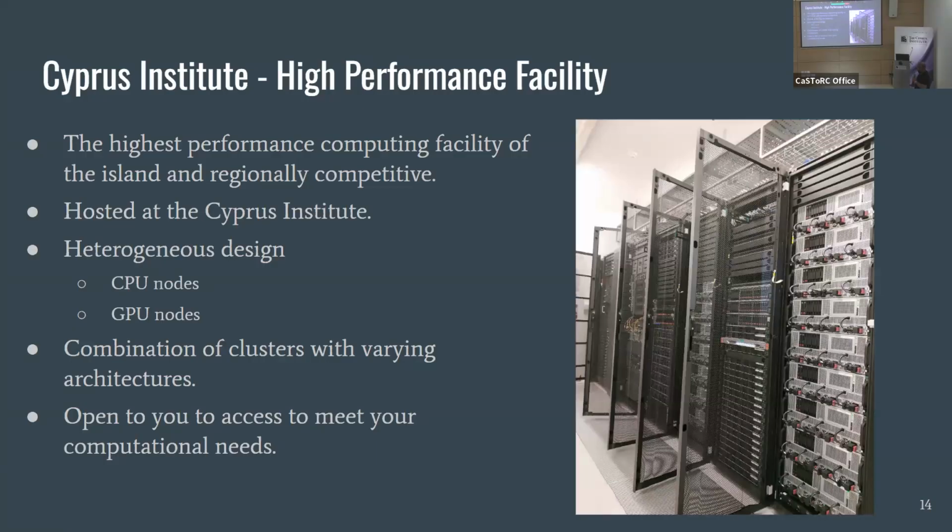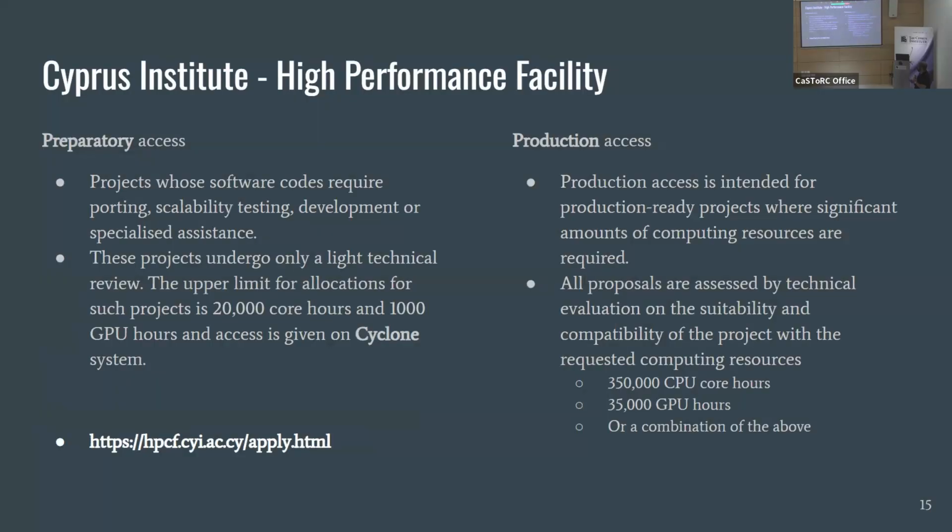The nice thing here is that Cyclone is open to access to all of you if you want. And there are two ways you can do that. You can either apply for preparatory access. If you go on the HPC facilities website, you can find more information about that. Preparatory access is meant for projects where you either port your code, scale up your code, or develop it from scratch.